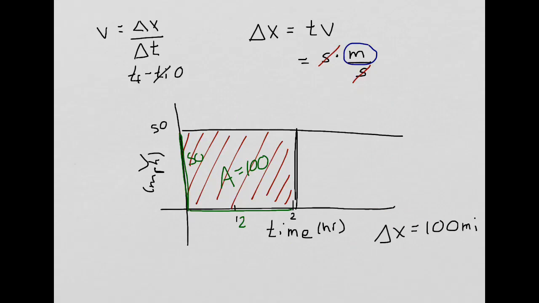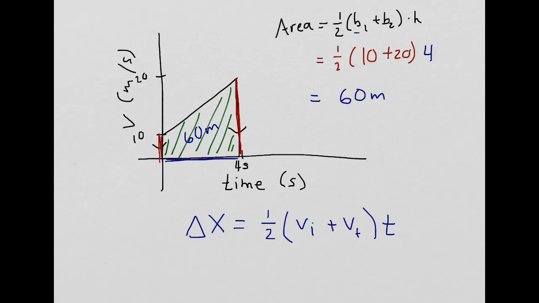And in this case, the velocity was constant, so the average velocity would just be 50 plus 50 over 2, which is 50, times time. So in this case, it's just velocity times time. Okay, so in all cases, you can think of displacement, when acceleration is constant, as the average of the initial and the final velocity times time.